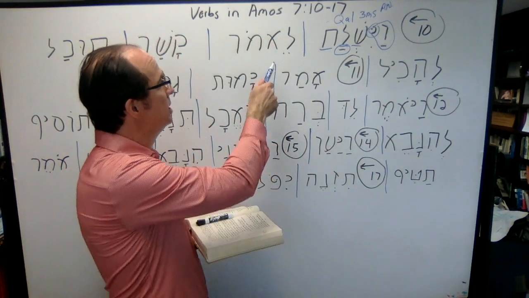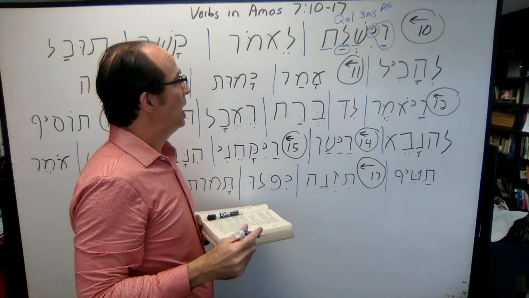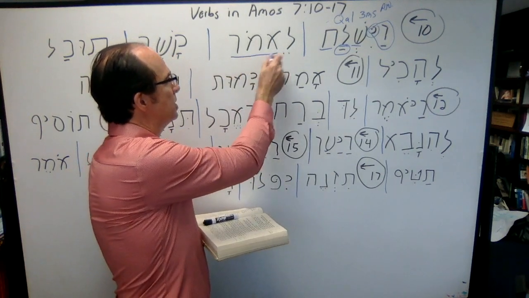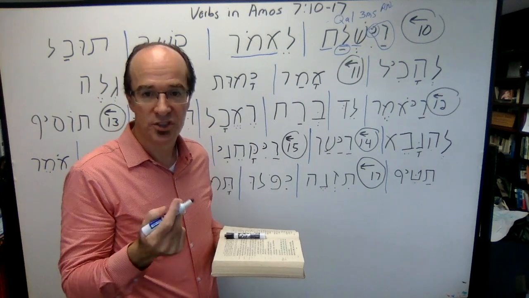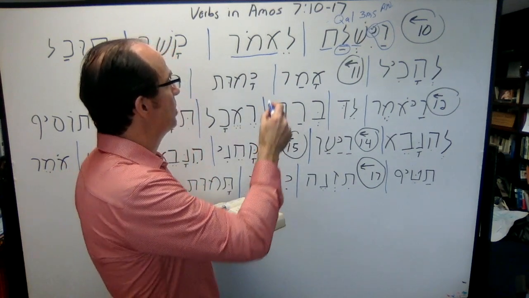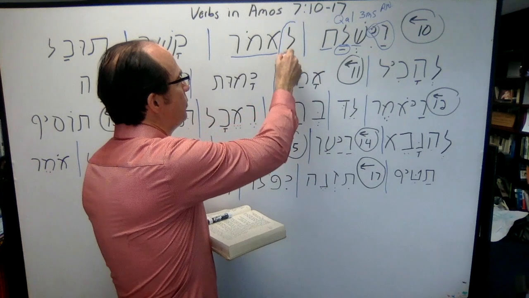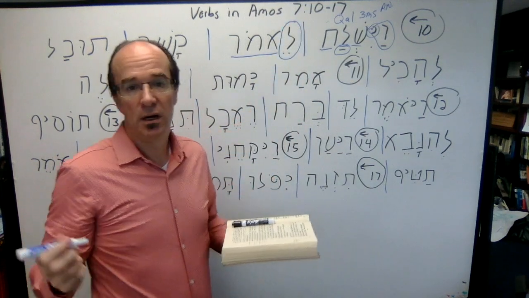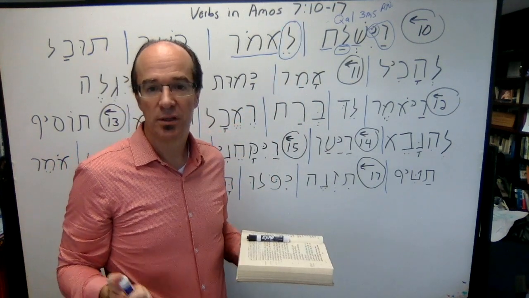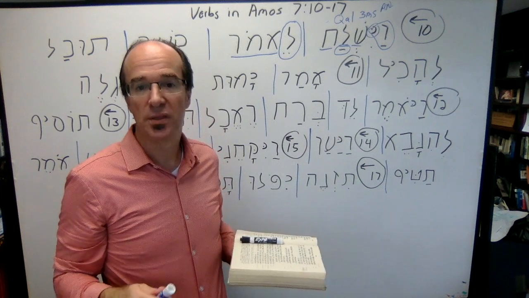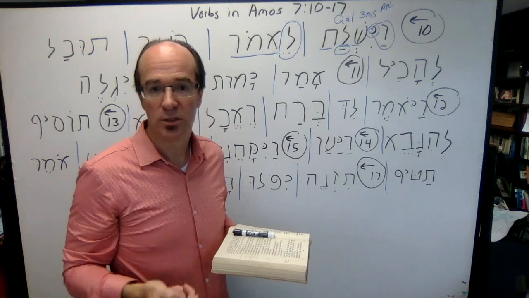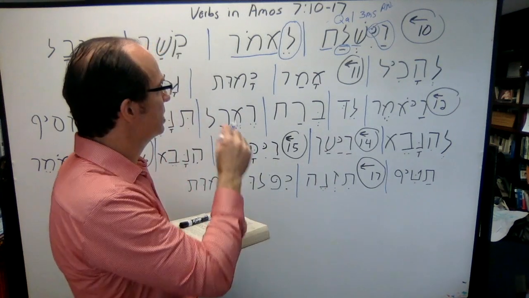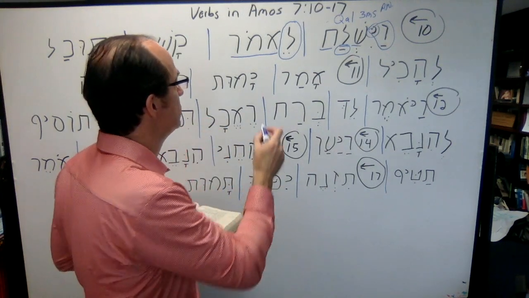Our second verb, lemor. Again, this is a common vocabulary word, so the root is pretty evident. This is from amar, the word to say. Now, what's the clue on the parsing? Well, if you find a verbal form that has a lamed on it, a great guess is that the lamed is a preposition and that this is an infinitive, or an infinitive construct, depending on the descriptive grammar that you're going to use.